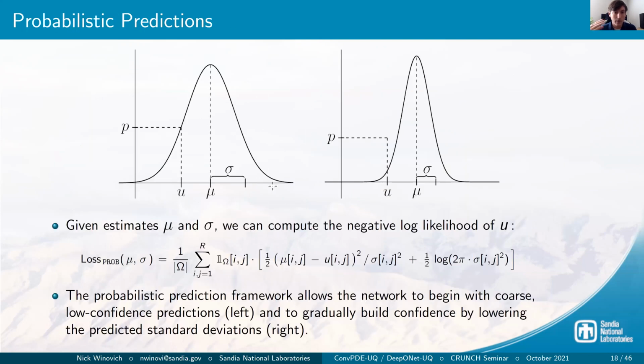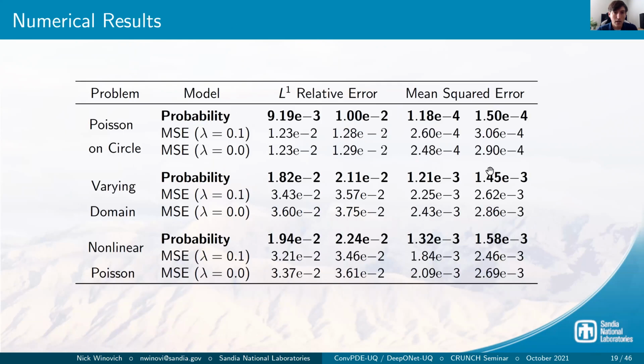But when I took all those optimized, not the weights, but the number of layers, the size of the layers and all of that, and I just replaced the loss function with this probabilistic loss, it was interesting to me that in almost all of the cases, there was slightly better performance, even with respect to the mean squared error. So even though we're using the MSE as the loss, and this represents potentially enforcing the boundary conditions harder, which was kind of negligible in the results.